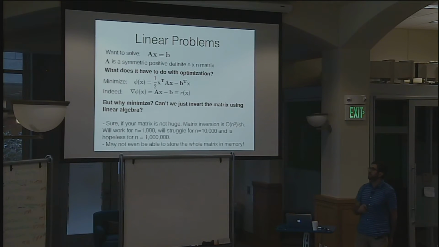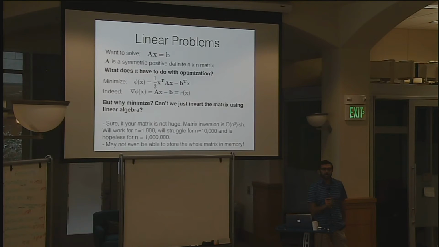So if you have a million dimensional parameter space, then that's hopeless, basically. You are not able to invert that matrix in any realistic time. And in fact, you might not even be able to store that whole matrix in memory. There are ways, of course, with sparse matrices to deal with this kind of thing, but these are usually issues where linear algebra might fail, and you might want to think about optimization.